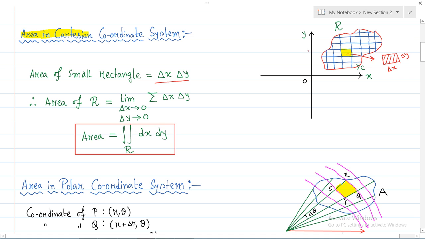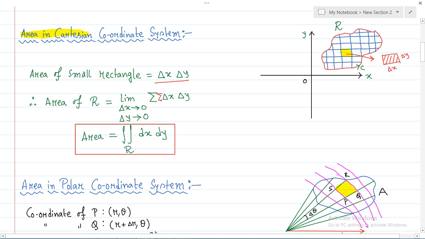So how do we get the area of this whole region? We take the limit of the sum, that is, limit delta x tends to 0 and delta y tends to 0, of the double summation of delta x into delta y. Delta y and delta x both become very small, and then the whole region is created by this double summation.